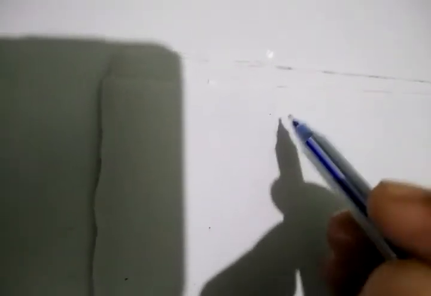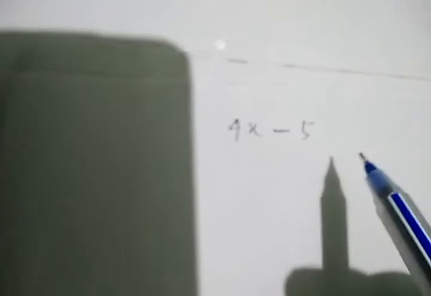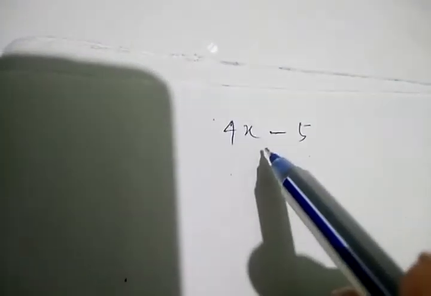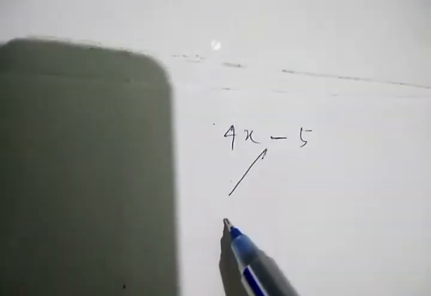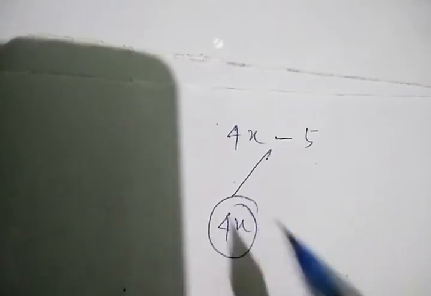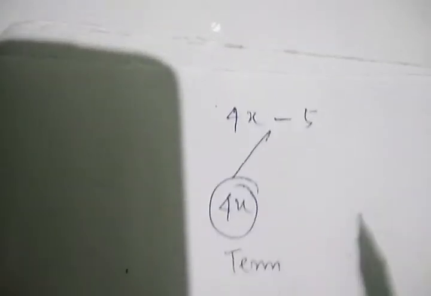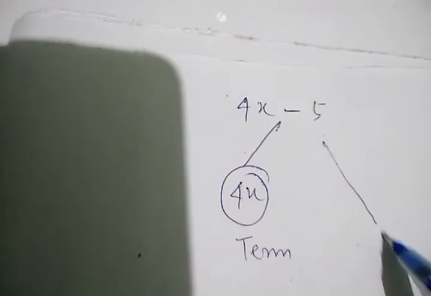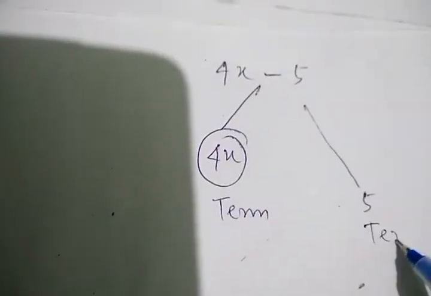See, when you write an algebraic expression, it might have one term, it might have two or more terms. What are the terms you see? 4x minus 5. Clear? 4x minus 5 means here one term is 4x, and 5 is also a term.